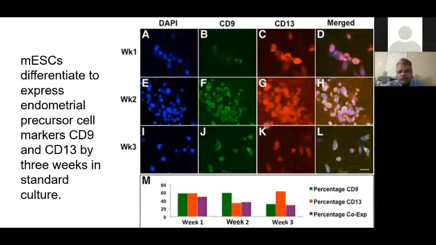So after that mouse uterus characterization, we then differentiated our mouse embryonic stem cells using two growth factors, activin A and BMP4. Here you can see the first column is DAPI, which stains nuclei, the second column is CD9, the third column is CD13, and the last one is the merged image of both.